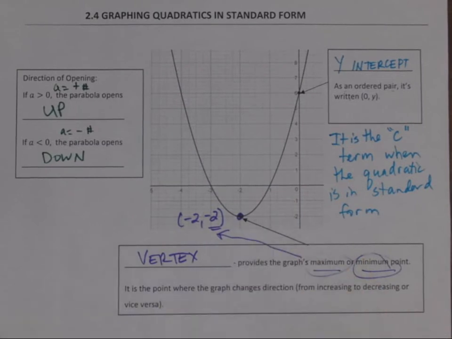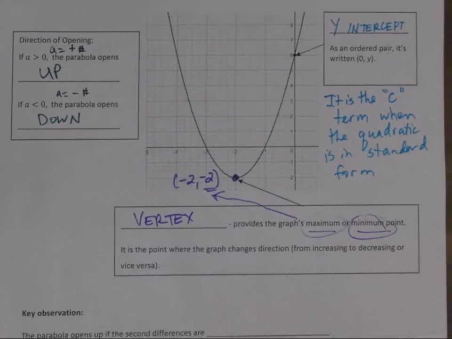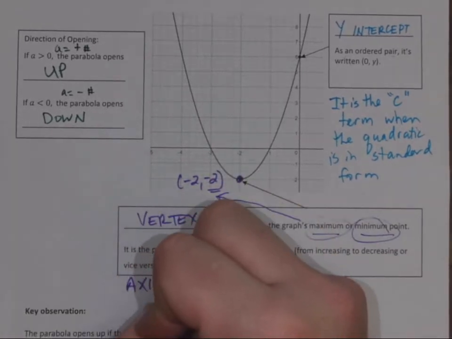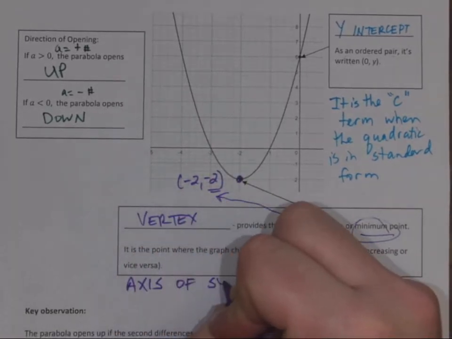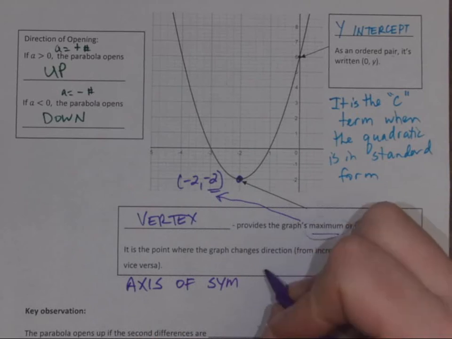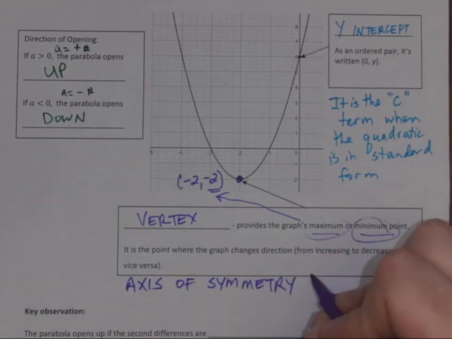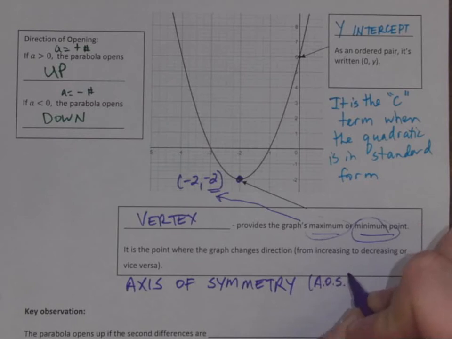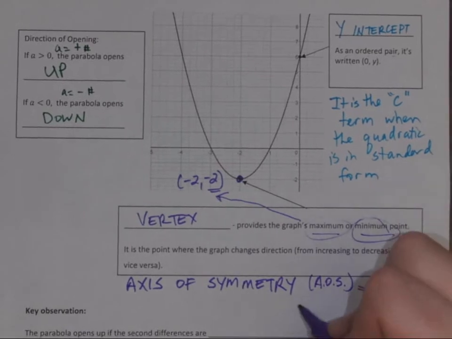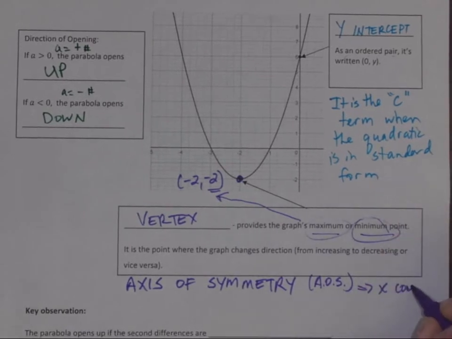Part of that, which isn't listed here and I want you to add, is called the axis of symmetry. Let's call it 2 m's. Sometimes called the AOS. And this is specifically now the x-coordinate of the vertex.